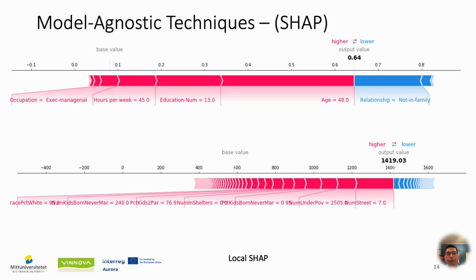In the first example, at the top, features like occupation, hours per week, and education level are pushing the output higher. On the other hand, age and relationship status are pulling the output lower. The final prediction is 0.64. This way, SHAP makes it clear not just what the model predicted, but why it predicted that value, by showing the trade-off between the features.